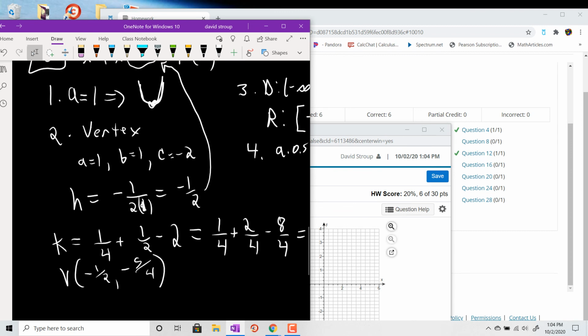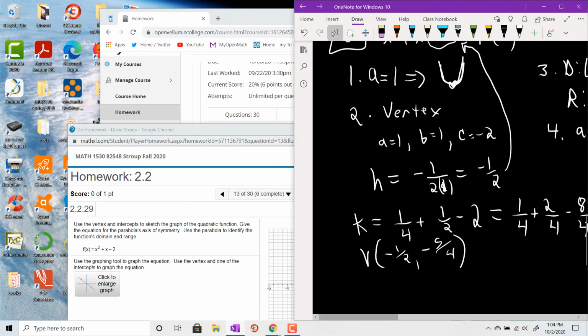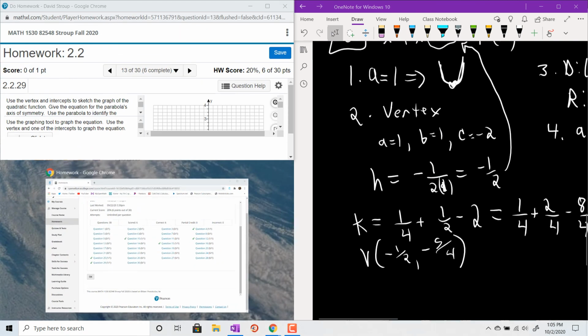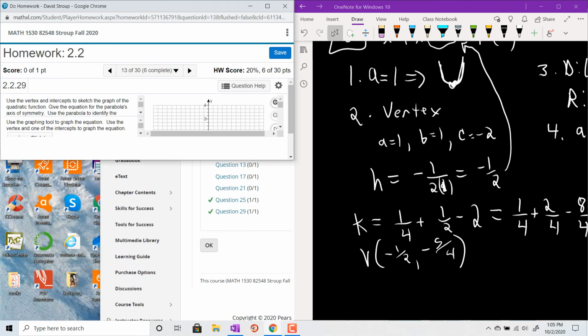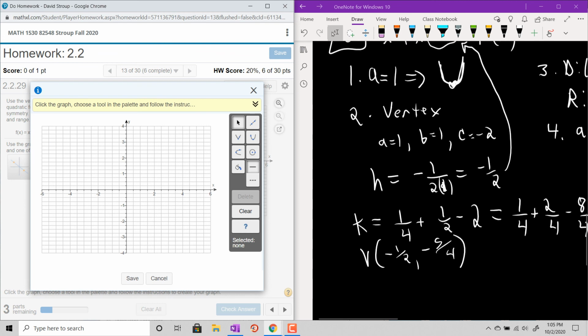Okay, so I'll move this over here and move this guy over here and go ahead and get to work. Use the vertex and intercepts to sketch. Okay, so I need a parabola.